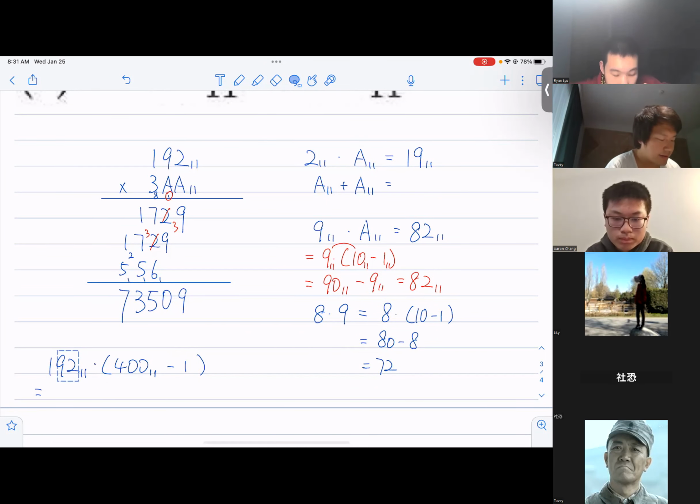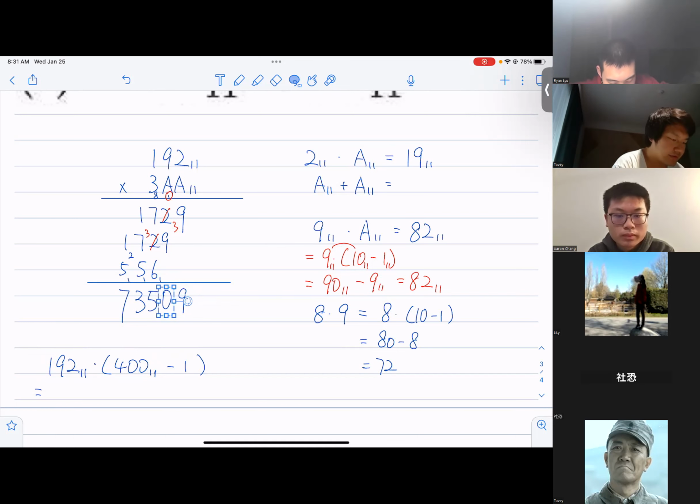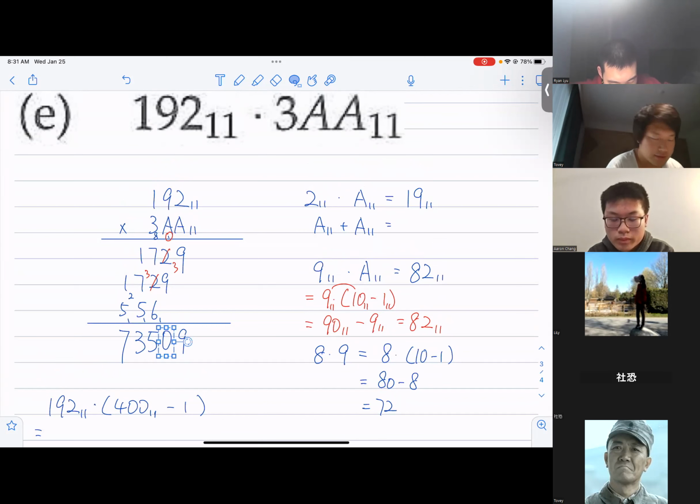So 0 minus 92, you should have 0 minus the 2, you borrow 1, that's the 9, that's correct. But if you borrow another 1 minus 9, here should be a 1, right? So that's why I figured I must have made a mistake. The mistake is here. I forgot this carryover.